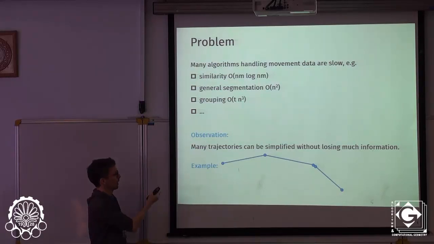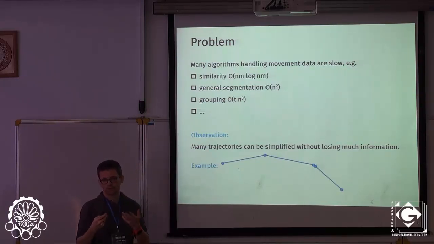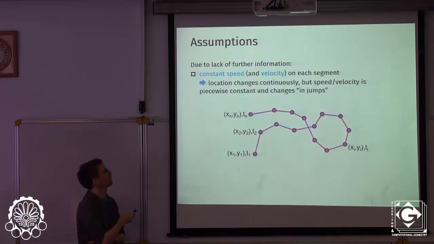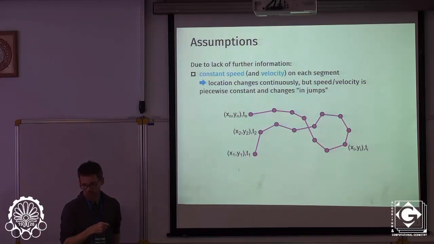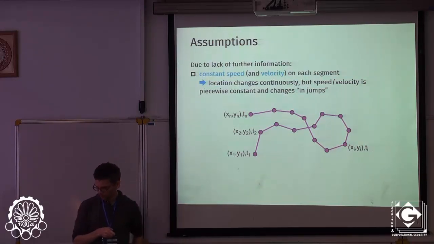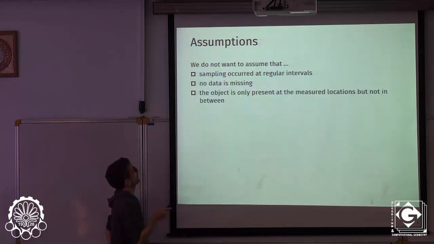So trajectory simplification is the problem we want to look at today. Let me come back briefly to what assumptions we are making about our input. We look at trajectories from this perspective: we have these data points and we line them up, essentially getting a polygonal curve. There are some assumptions we do not want to make.